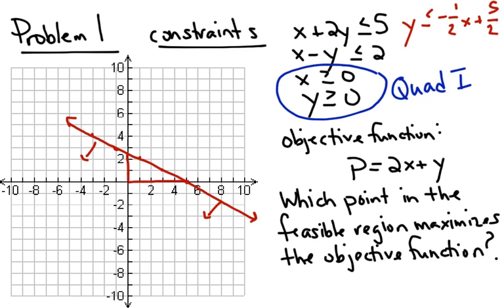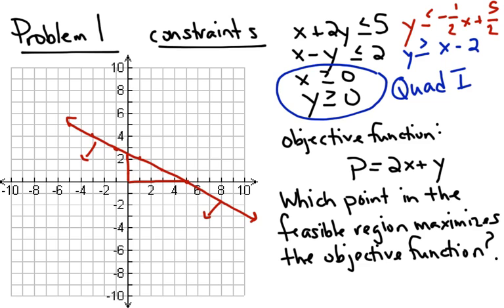The second inequality is going to be y is greater than or equal to, see that minus in front of the y, it switches the sign, 1x minus 2. Let me double check that. y is greater than or equal to x minus 2, yes.